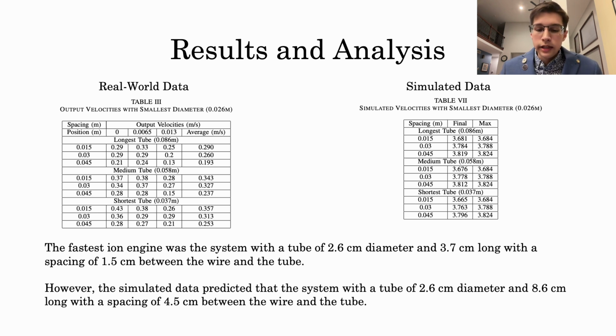However, our simulated data predicted that the system with 2.6 centimeter diameter, but with the 8.6 centimeter length and 4.5 centimeter separation distance, was the fastest. So this shows that our data between the two different systems do not match.